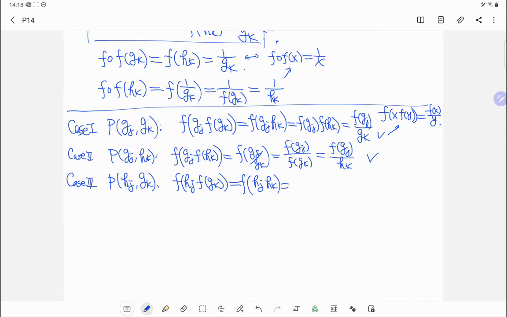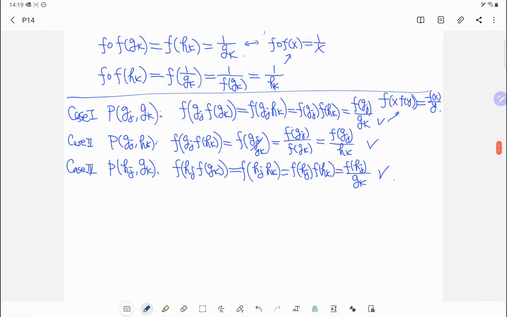So it will be f of hj times f of hk. And f of hk will be 1 over gk, so it is f of hj over gk. So it also satisfies the original function equation.